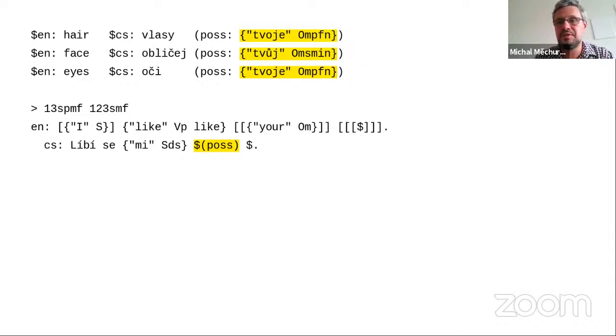So the possessive pronoun needs to be in agreement with that noun. So here I am kind of inserting, so basically each vocabulary item brings its own possessive pronoun with itself, and it's encoded like this as a property of that particular vocabulary item.